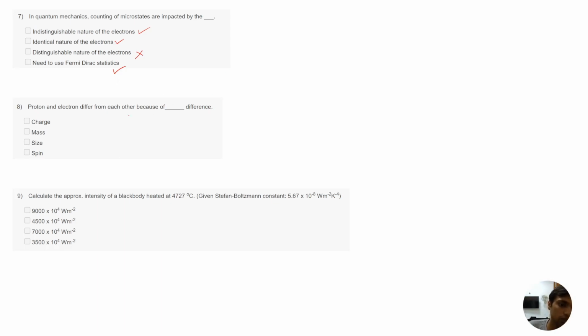Protons and electrons differ from each other in, so what is the charge? A proton has a positive charge, plus 1.6 into 10 to the power minus 19 coulomb, and an electron has minus 1.6 into 10 to the power minus 19 coulomb. Even though the magnitude is the same, their sign is different, so they vary in charge. What is the mass of proton and electron?